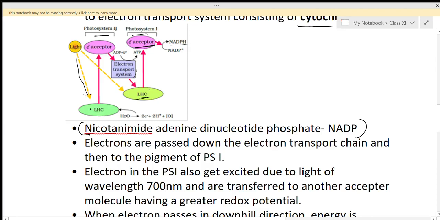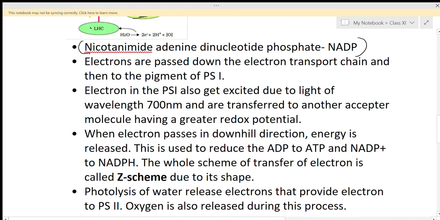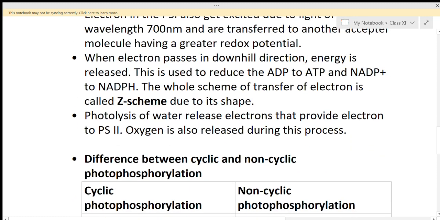Photosystem 1 also absorbs the sunlight, the electrons become excited, then are transported to the electron acceptor, and this electron acceptor gives the electrons for the reduction of NADP plus into NADPH. So it has a Z shape, and we call it the Z scheme because of its shape.